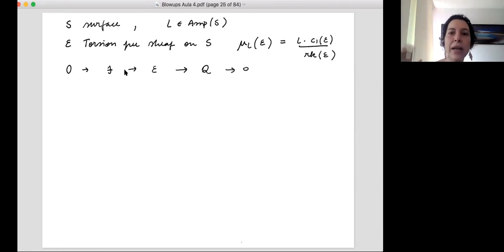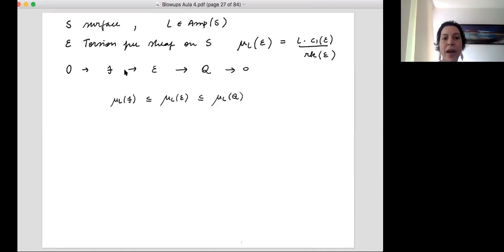But what you should keep in mind here is that whenever you have an exact sequence of objects like this, where I have a torsion-free subsheaf F of E with torsion-free quotient Q, then the slope is either always equal, or strictly increasing, or strictly decreasing. So in an exact sequence, the slope always increases, decreases, or stays the same.